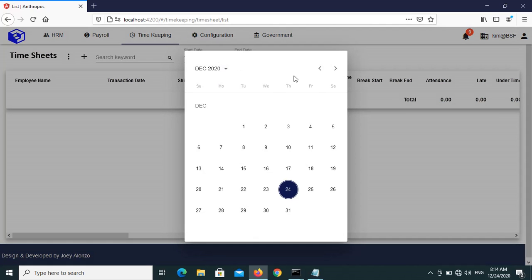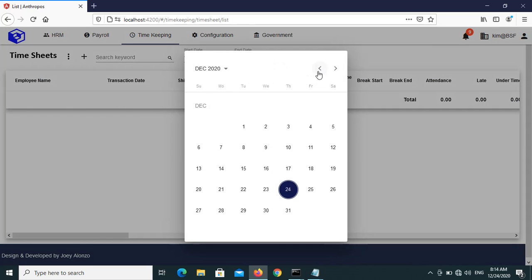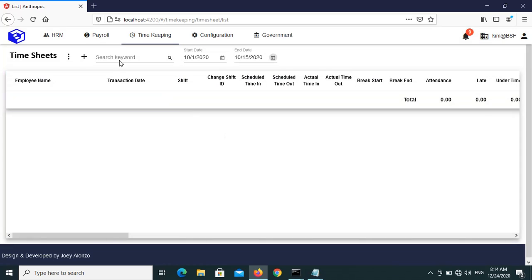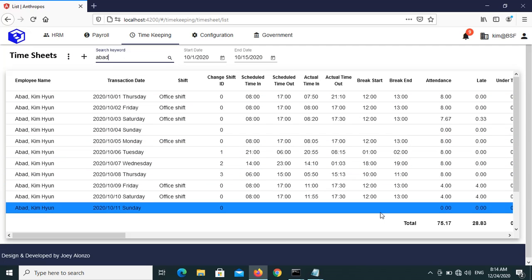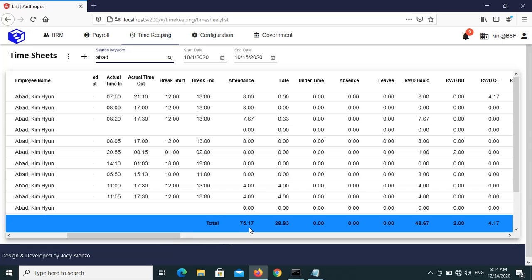So our period for the payroll that we generated is from October 1 to October 15. Okay, so for Kim Abad, we will type the keyword Abad. So her total attendance is 75.17 hours.